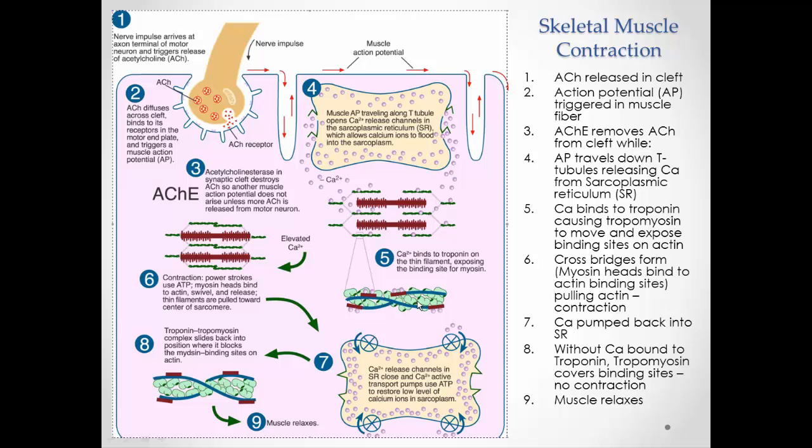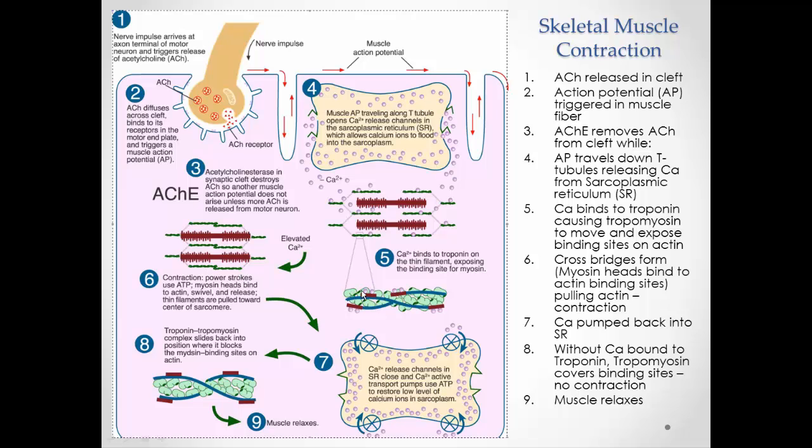These binding sites are where myosin grabs a hold of the actin to form cross bridges. So with calcium present, the binding sites are exposed, myosin grabs a hold of the actin, that's a cross bridge, it swings its head in, and you get a muscle contraction.